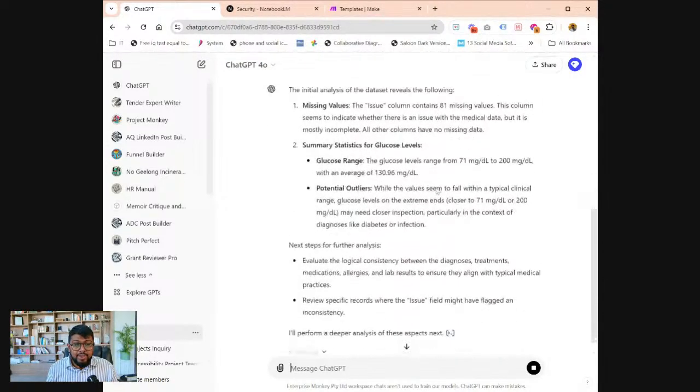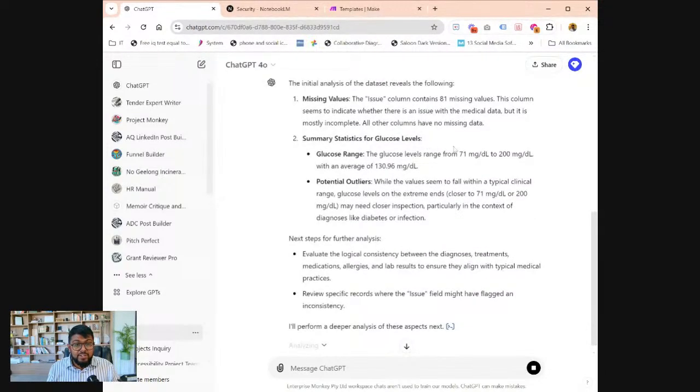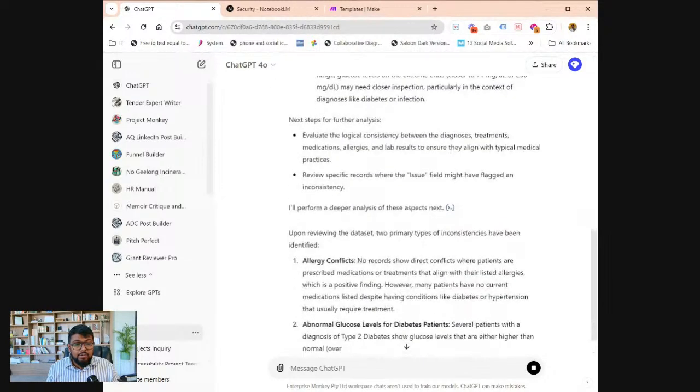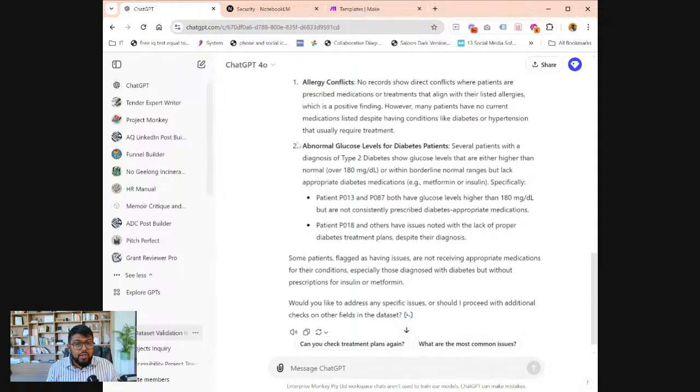So if the analysis has started coming, you can see it talks about the missing values, which is fine, but then it says summary statistics for glucose level, and then it starts to perform further analysis. So it says there are no allergy conflicts in this record, which is a good thing. Then it says abnormal glucose level for diabetes patients.